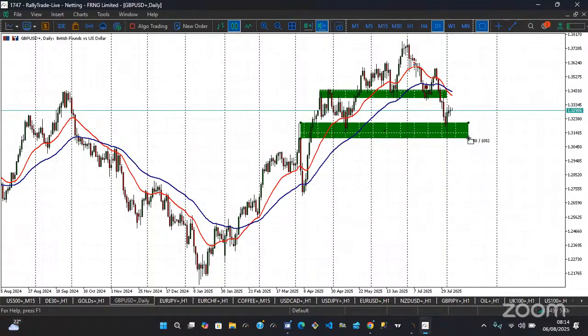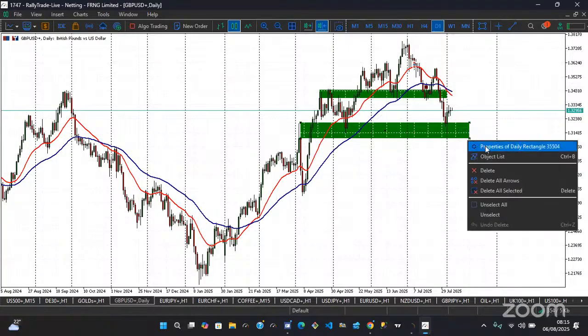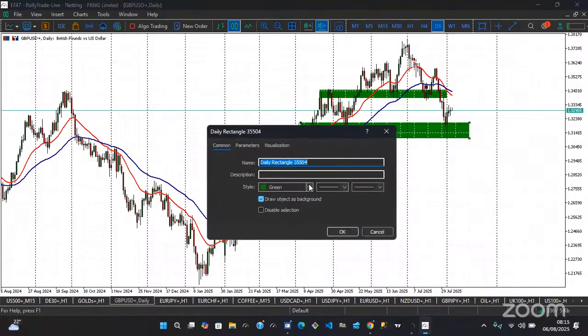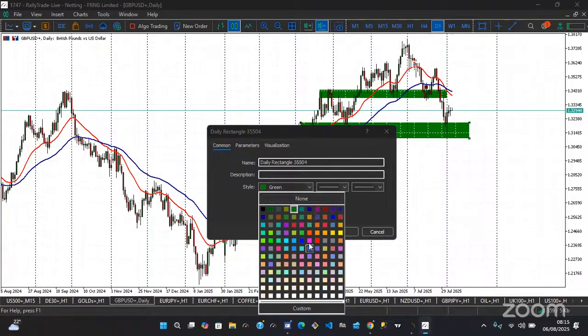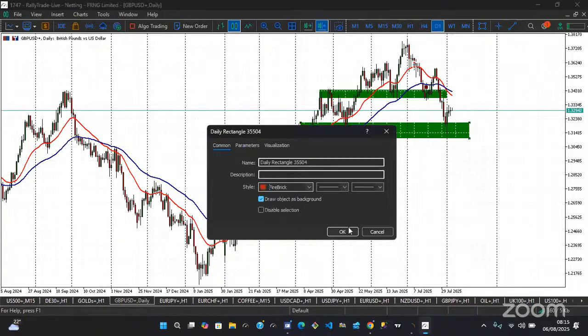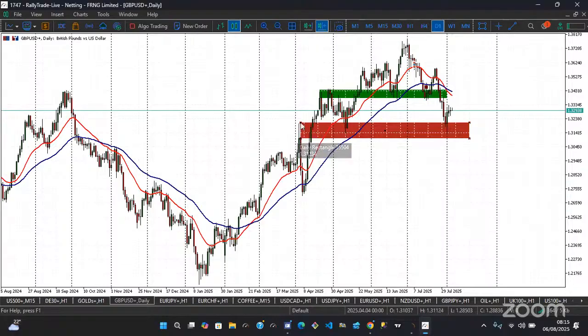Now, this is a breakout. This was where price broke out from. Let me change this color so you might be able to see it better. Okay, good. So at this point here, this was a major resistance level.